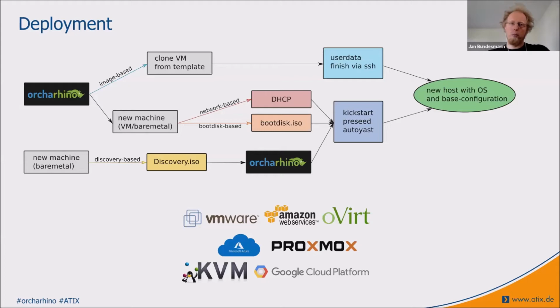We can also deploy to KVM and everything that just uses the libvirt API. So that's the most important hypervisors. You can also have several of them. So you can have Proxmox and VMware in parallel, for instance, just as an example.